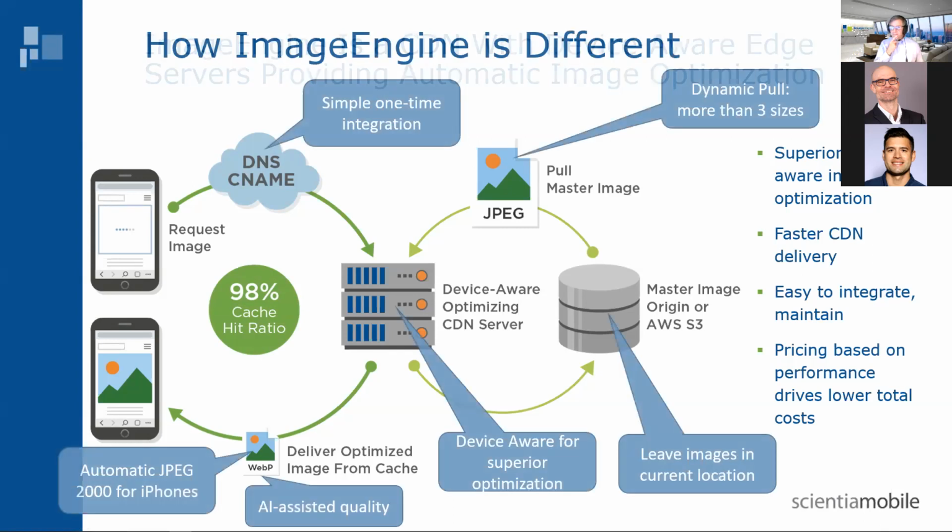So what makes this a little different than what you might see from other CDNs or image content platform management platforms? It's a simple one-time integration. Jan-Arne will walk you through this, but you essentially get an image host name and insert it into your platform, and it ends up prefixing or inserting ImageEngine into the path.